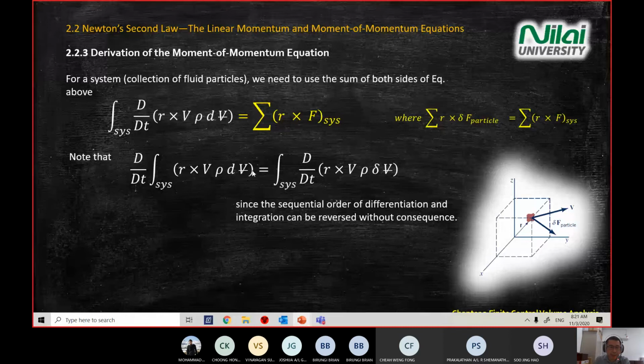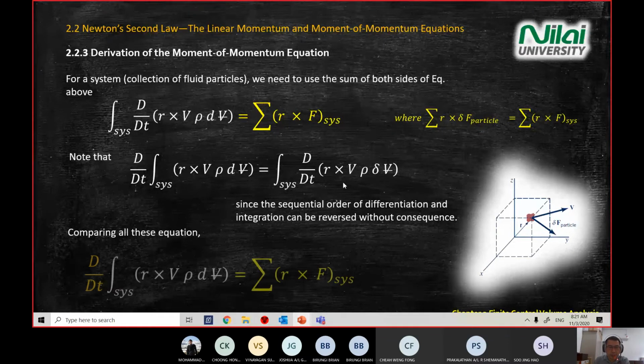So when you have this kind of mathematical form, you can break it into orders of differentiation.